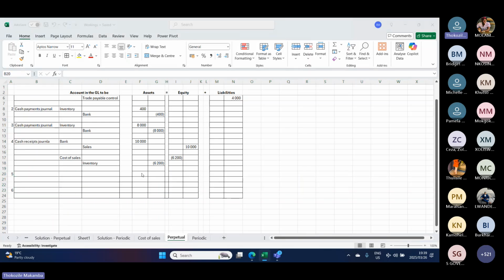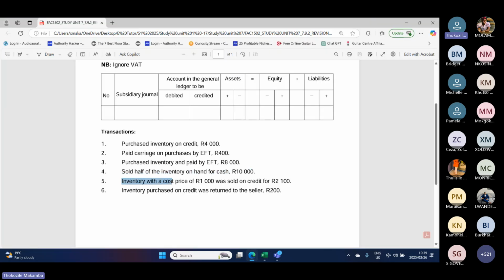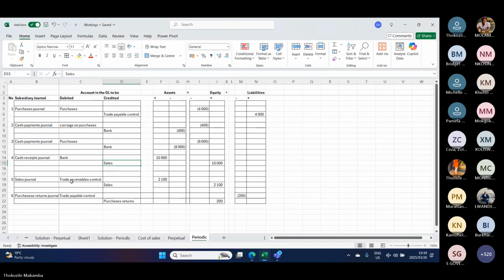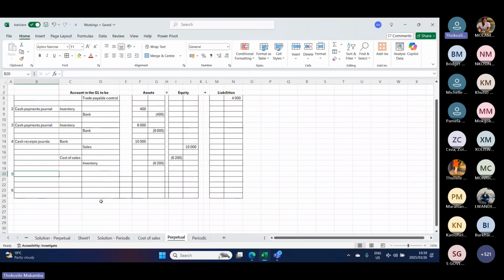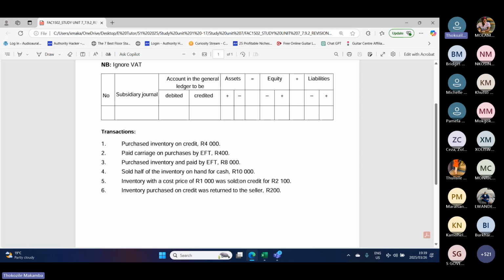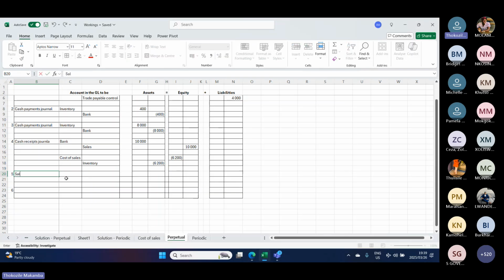Okay. Number 5. Inventory with a cost price of 1,000 was sold on credit for 2,100. Remember, I said in the periodic system we are ignoring this cost price. So if we go back here, remember here we've only recorded the sale of 2,100 and we ignored the cost price. But because we're in the perpetual system, we can't ignore the cost price anymore. So this time, because we're selling on credit, we have to be in the sales journal, right?